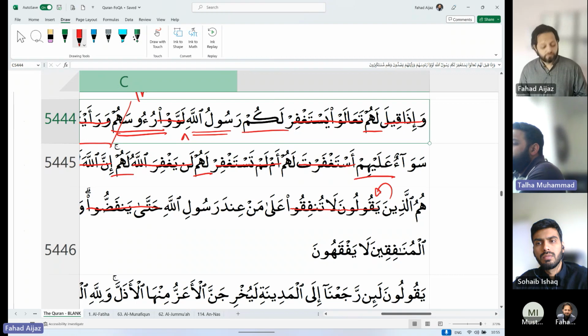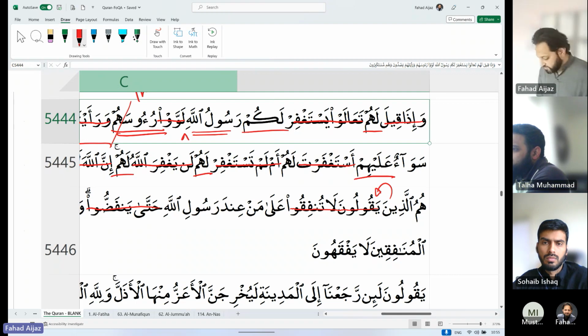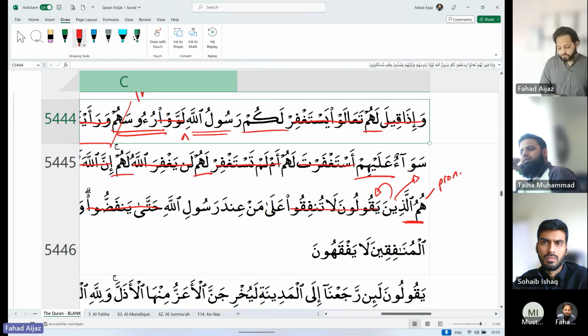Pronouns, proper names, those things cannot be mudaf. So you don't know this relationship yet. All you know is this is a pronoun. And you have heard about this word before in our studies. We will do that, inshallah, but just to give you a reminder, I did not strike it through.